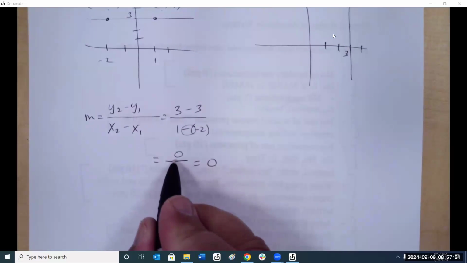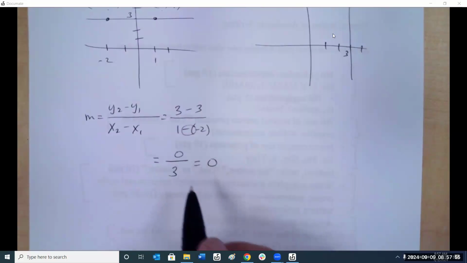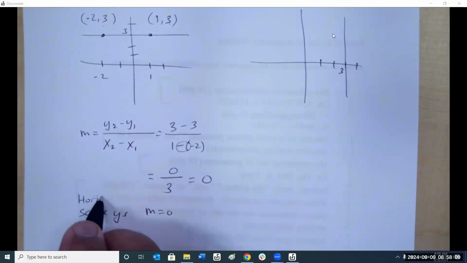How many times is 3 going into 0? 0 times. So if the slope is 0, that means you have the same y values. It's a horizontal line. And the equation of that line is y equals whatever the y value is.